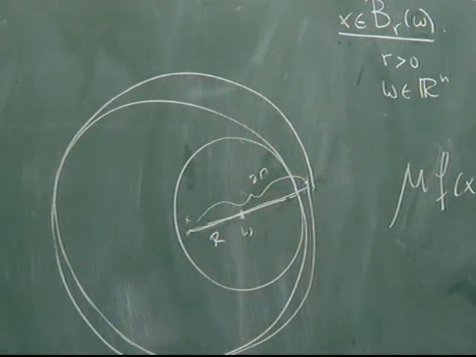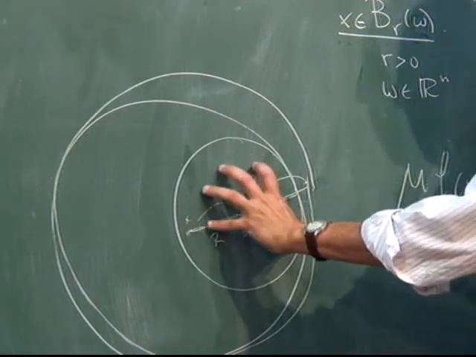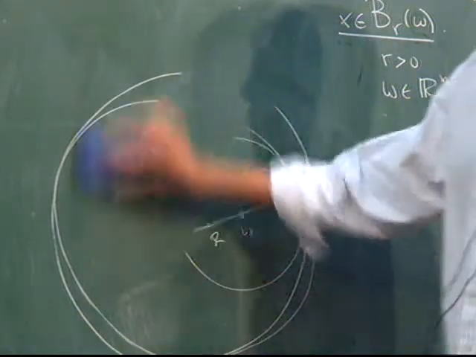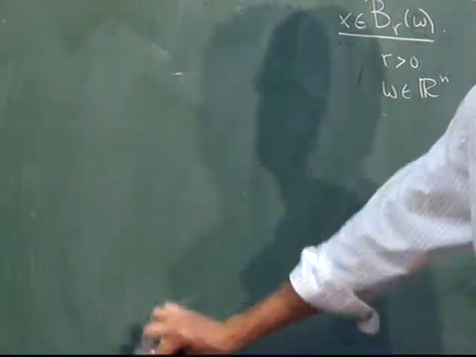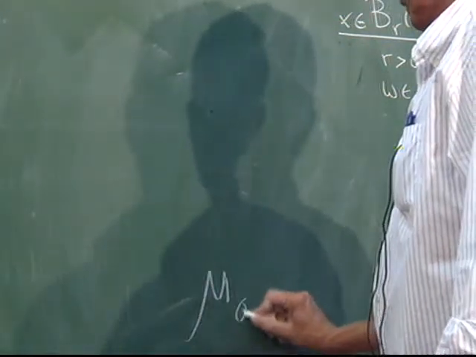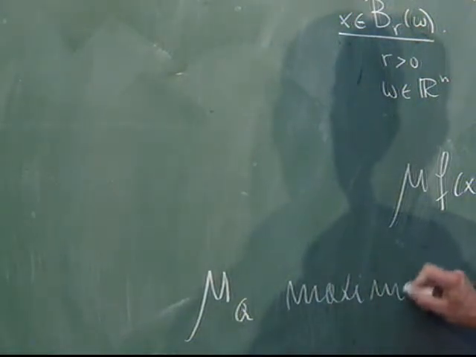Now you are in one of these guys, and you're going to say, well, but you are not integrating the same. There is a factor to pass from here to here. There is a factor 2 to the n. Then I don't know. This might be 2 to the n. Okay. The same business if you take cubes. Okay. If you take the maximal function of a cube, maximal of a cube.